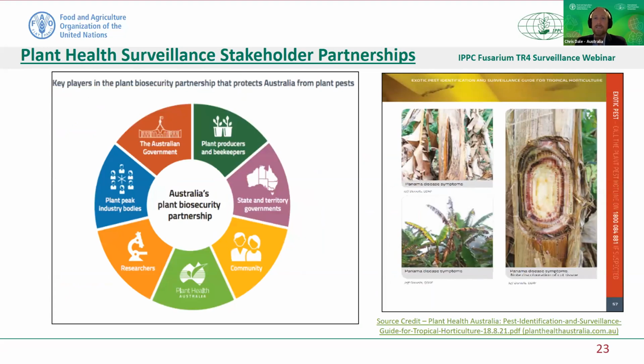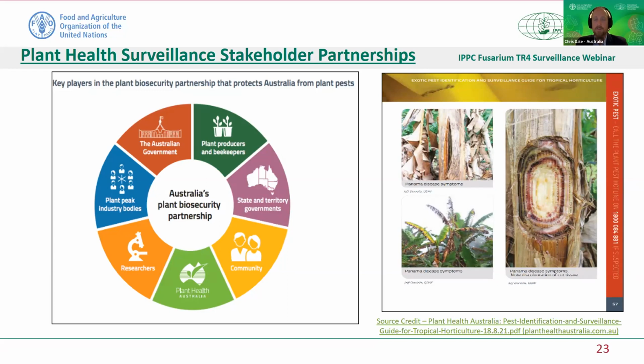So this does require a very coordinated partnership or collaboration, right across stakeholders. And as we found here in Australia, TR4 surveillance and management can only happen with a very coordinated and productive relationship between all of the key stakeholders. So from an MPPO perspective, the MPPO provides the oversight and the high level national governance for the programs.